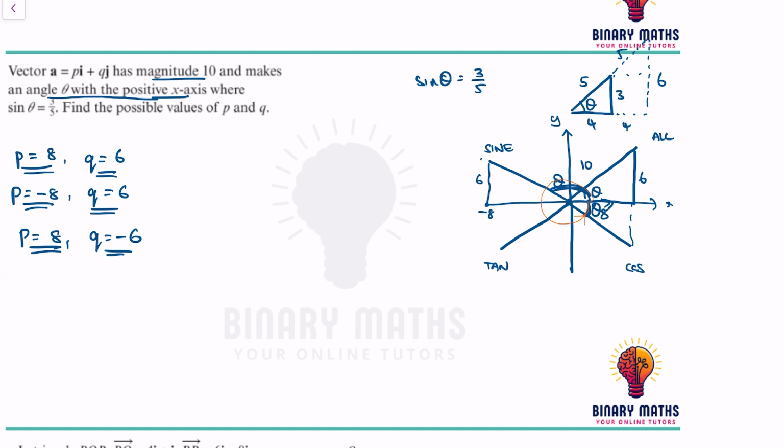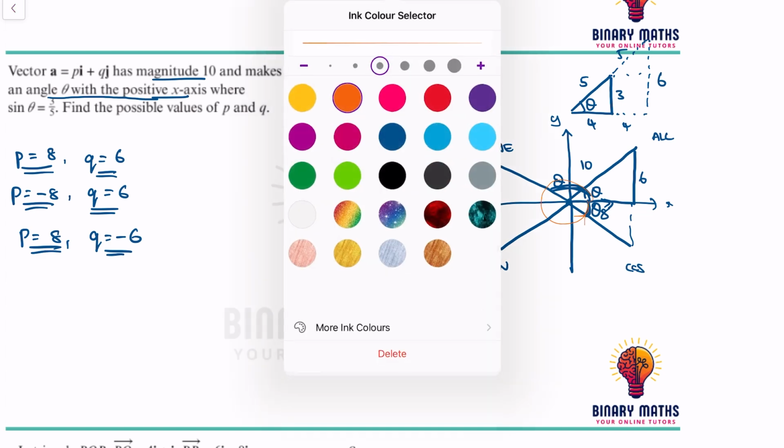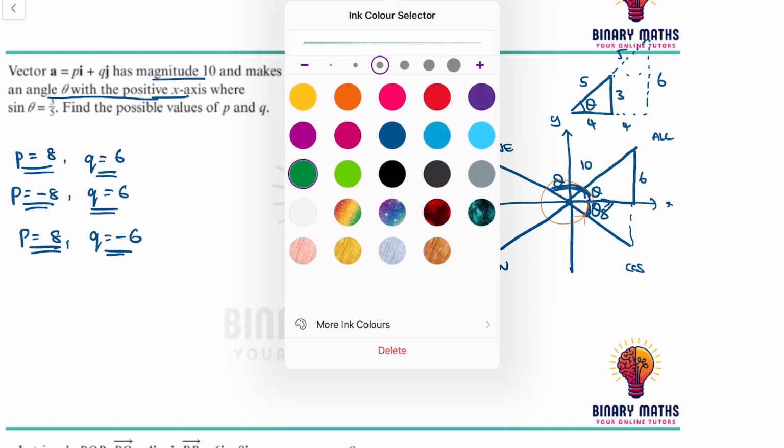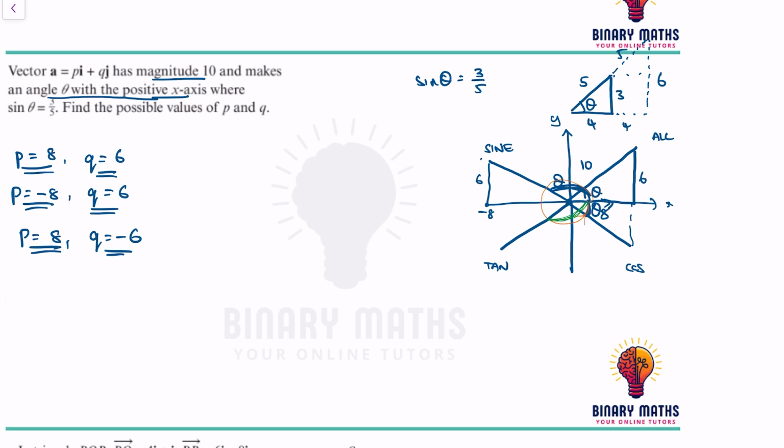And similarly for this one, because angle theta is the smallest angle it makes with the positive x-axis, P is equal to -8 and Q is equal to -6. So all 4 of these values give us solutions. So P is equal to ±8, Q is equal to ±6.